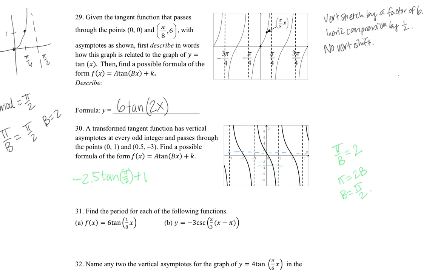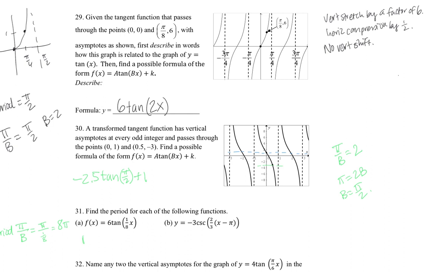The next one, find the period for each of the following functions. Okay, so the period for tangent is usually pi. So the period is going to be pi over b. And b in this case is 1/8. So pi over 1/8, which is going to give us 8 pi.